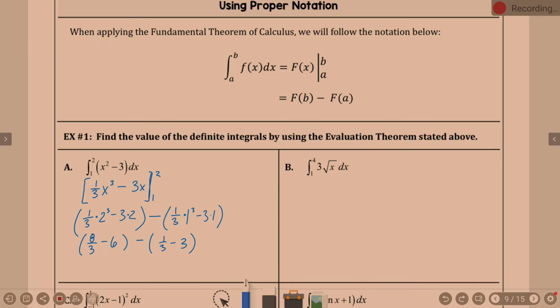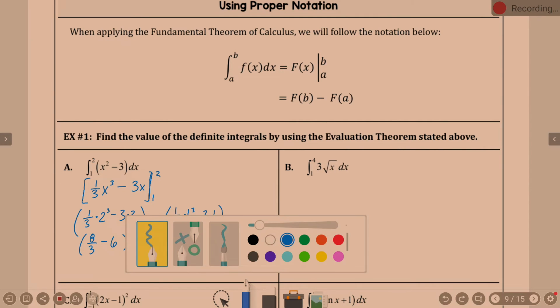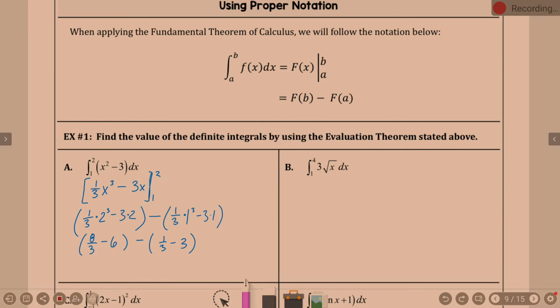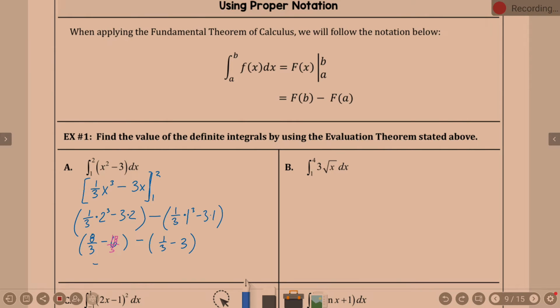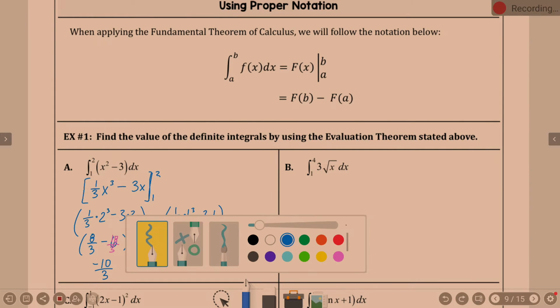So, let's see. If I say 8/3 minus 6, 6 is what in thirds? 6 is 18/3. So 8/3 minus 18/3 is going to be negative 10/3. Minus 1/3 minus 3.